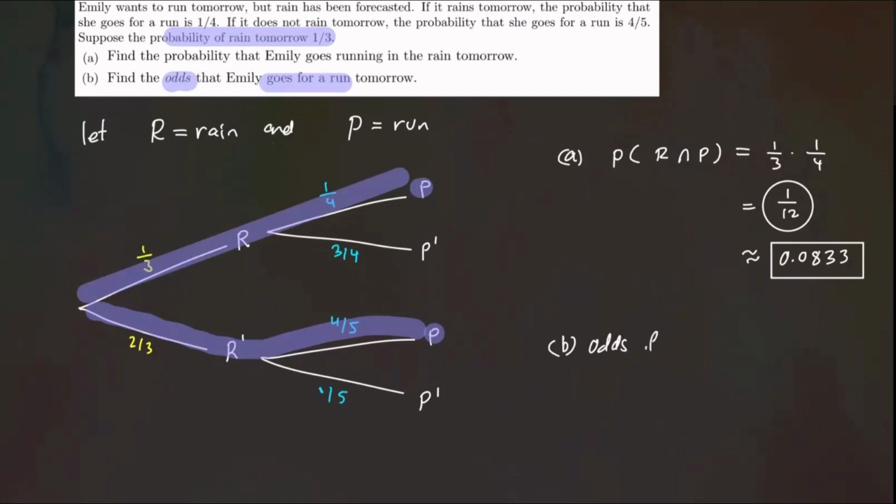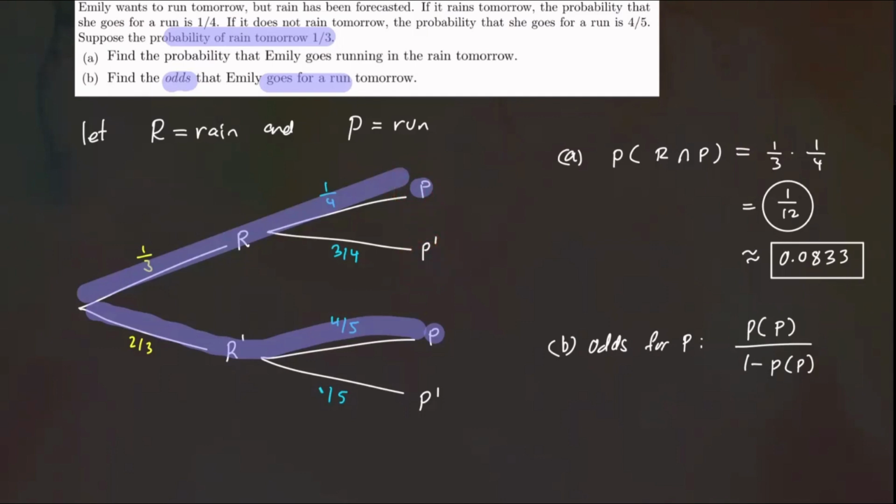This is going to be the probability of the event in comparison with the probability of not the event. Or you can simply use the formula, 1 minus probability of P. Sorry, I'm using P for a run and P for probability. I hope you didn't get confused by that notation. Feel free to use another variable if P is confusing you.